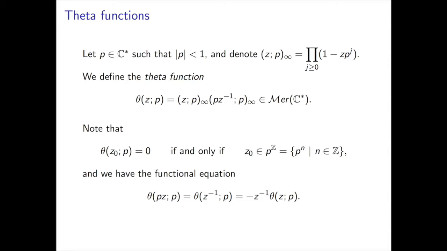They call this version of the theta function a modification of the Jacobi theta function. It's similar, but some factor in this definition is missing from the original one. So the way that you define it is defining first this infinite product, and then the theta function itself is defined as a product of things that look like this.